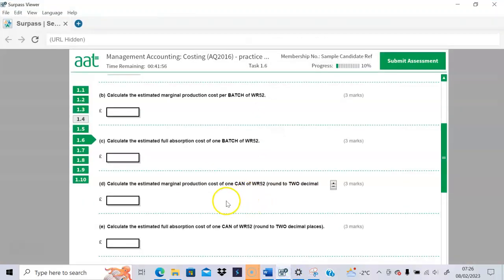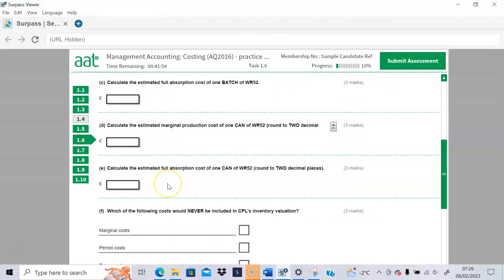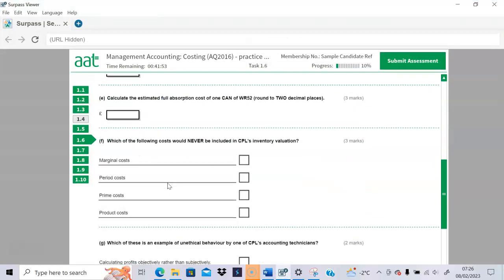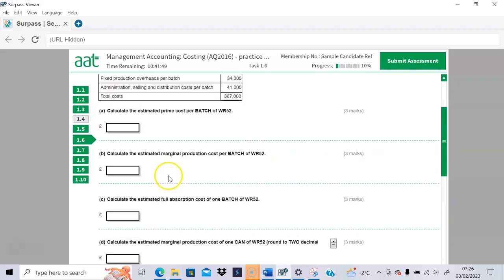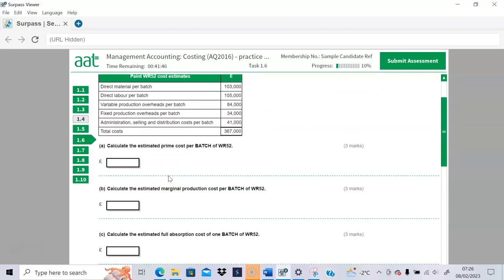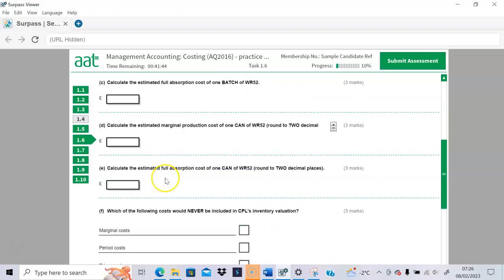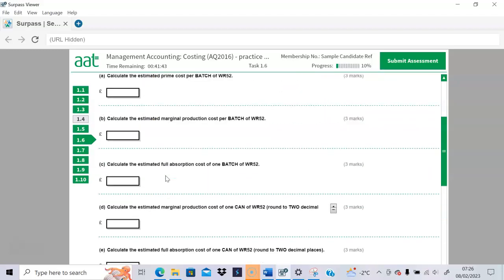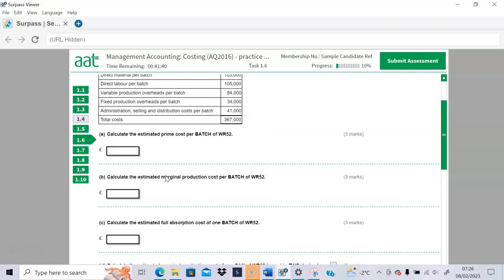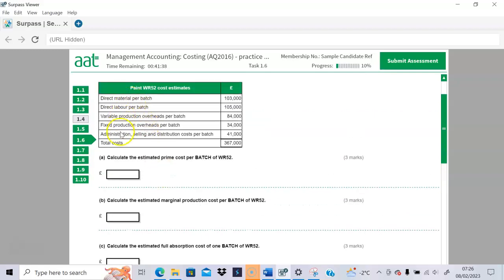And that was the sort of the objective bits. Oh no, there's an F. Right. So the question is asking which of the following will never be included in the inventory valuation. Only production costs are allowed to be included in the inventory valuation.